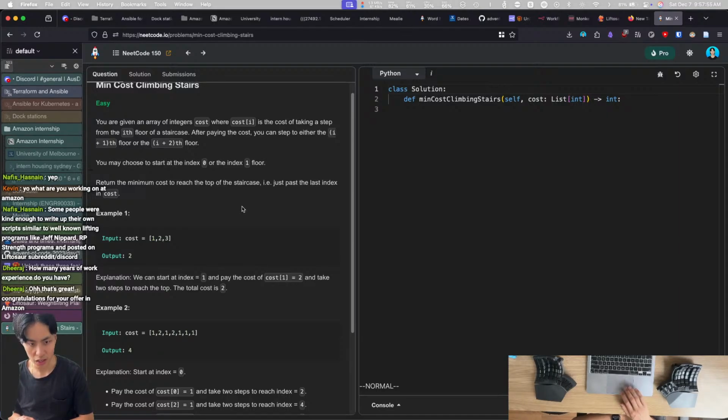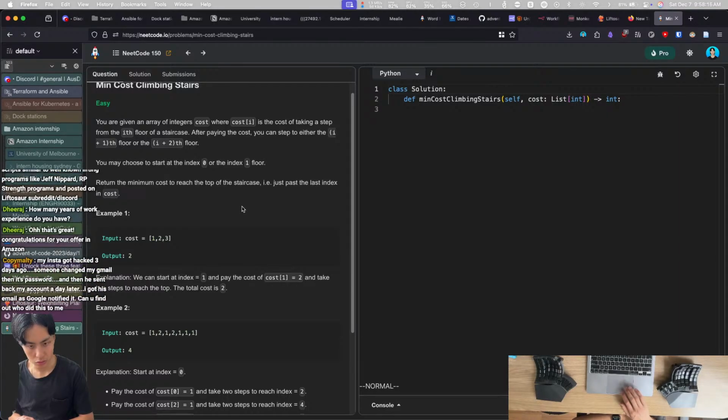You may choose to start at index 0 or index 1. Interesting. Return the min cost to reach the top of the staircase, just past the last index in cost. So, do you need 2 then?